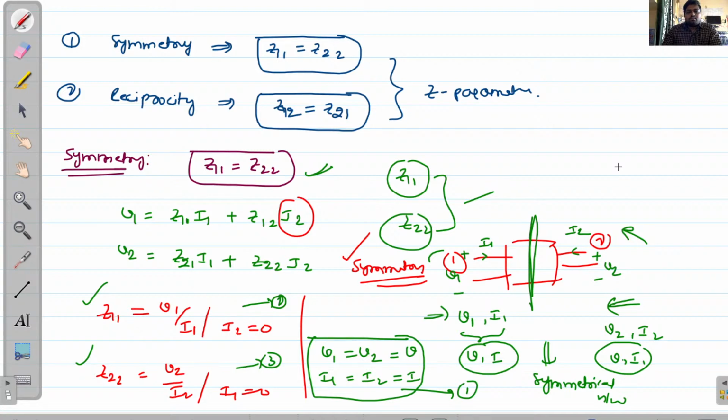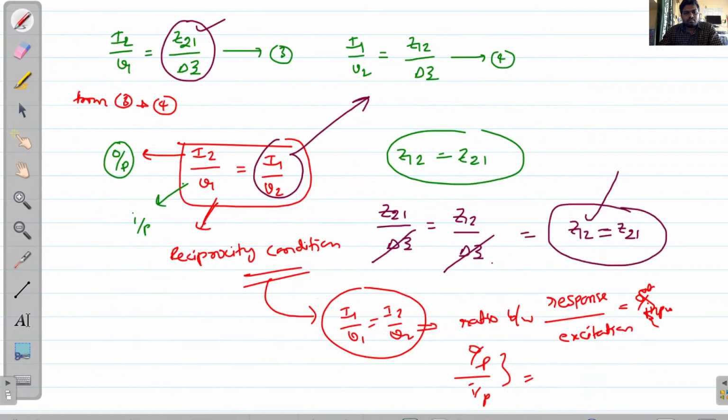Okay, okay. And next I will take one problem. So find the Z parameters for a given network.